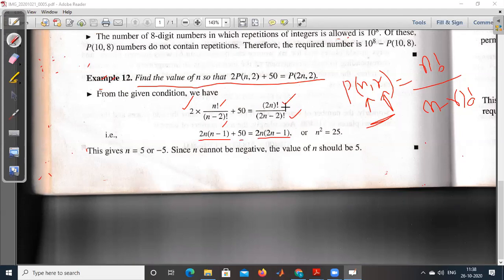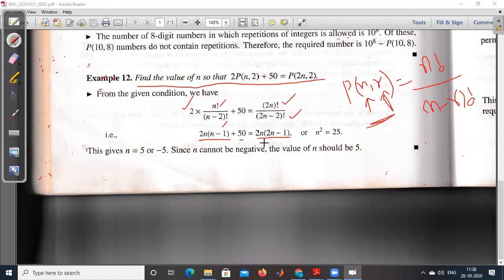So 2n factorial by 2n minus 2 factorial means 2n into 2n minus 1 into 2n minus 2 and so on. The remaining we get is n minus 1.